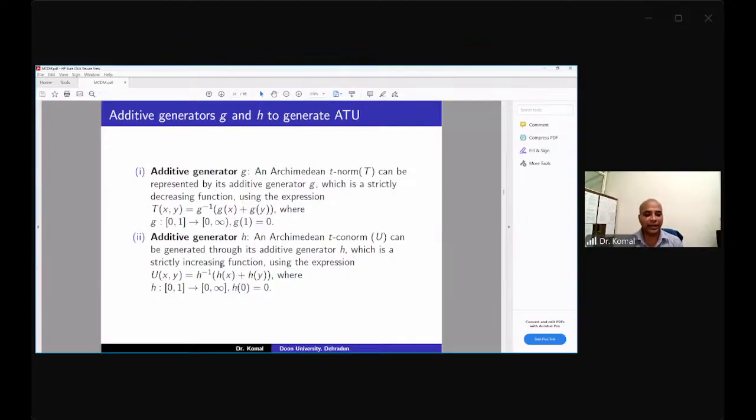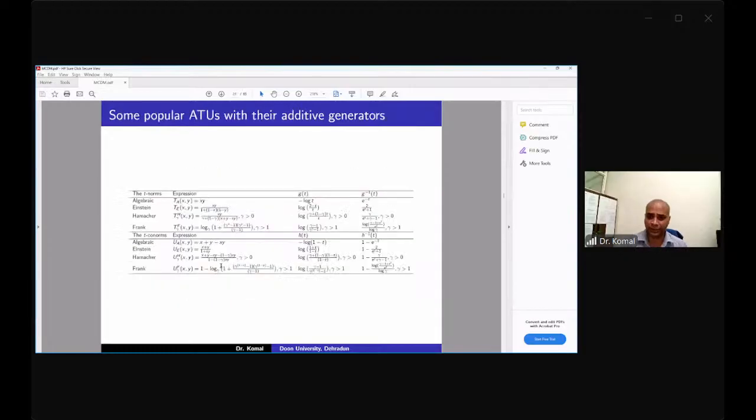Similarly, if you are using additive generator H, then an Archimedean T-conorm U can be generated through its additive generator H, which is a strictly increasing function, using the expression U(x, y) is equal to H inverse of H(x) plus H(y), where H is a function from [0, 1] to [0, infinity), and the condition is that H(0) should be 0. So these are the two conditions.